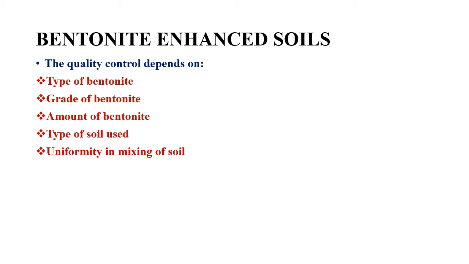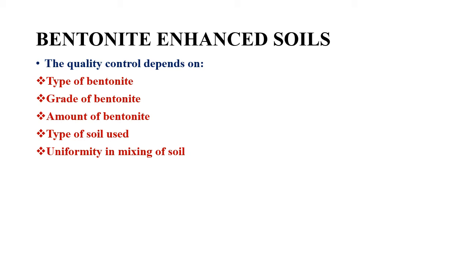Okay, so we talked about the type of bentonite, the grade of bentonite, and obviously the type of soil used. Mostly those soils which have more fine content shall be mixed with bentonite so that you can reduce the amount of bentonite to be used. And also there is a specific test which can be conducted, called the methylene blue test.